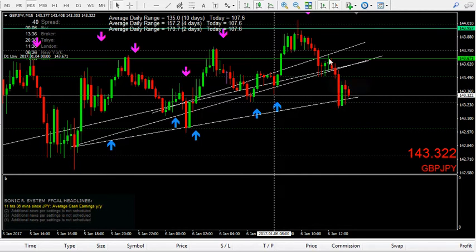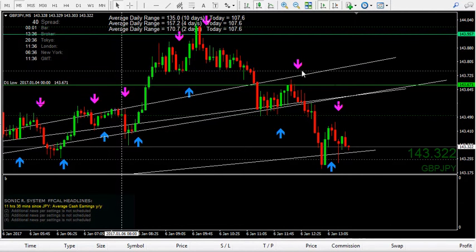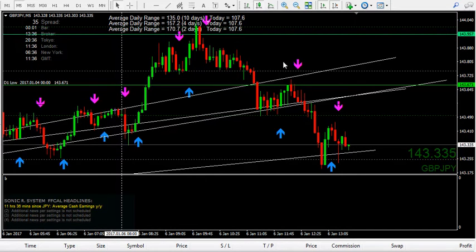Then once we get an M5 to the downside, this is where we start to think about trading this.